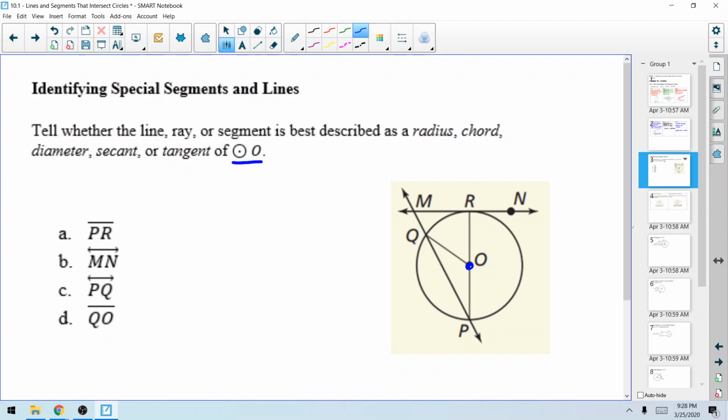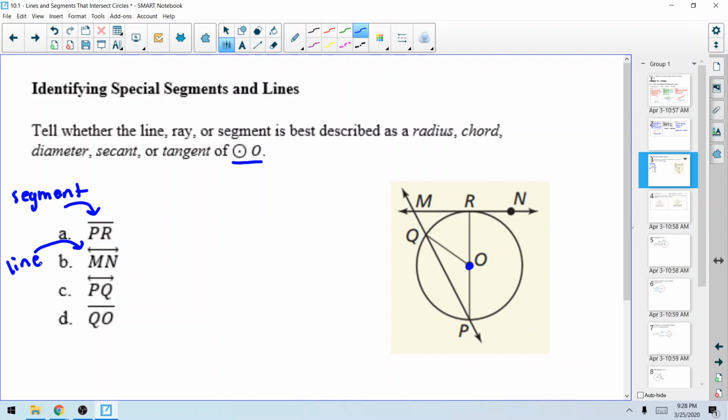Now, letter A, B, C, and D. Do you notice the notation? Okay, that notation is a segment, which means it stops, versus the other notation down here, this is a line. And that's really important because depending on what they put on top of those letters, depends on what you're going to answer.